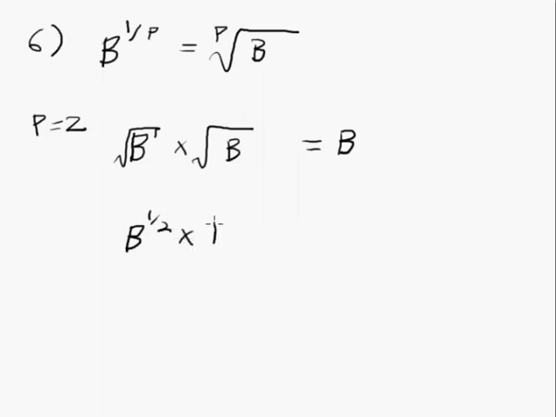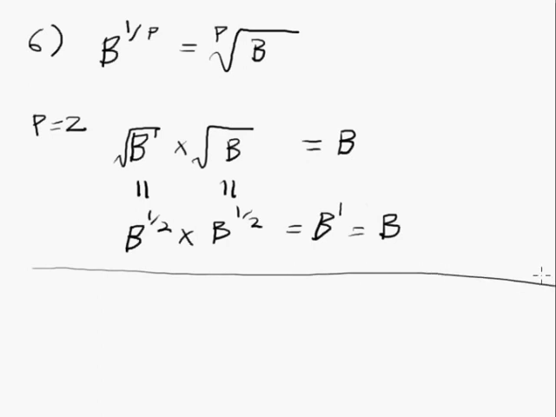We can also say that b to the power of a half times b to the power of a half equals b to the half plus a half, and of course a half plus a half is just 1. And b to the power of 1 is just b. So we have root b times root b is b, b to the half times b to the half is b, and that means that these two things must be the same.